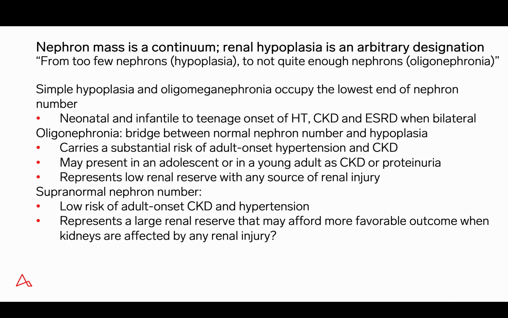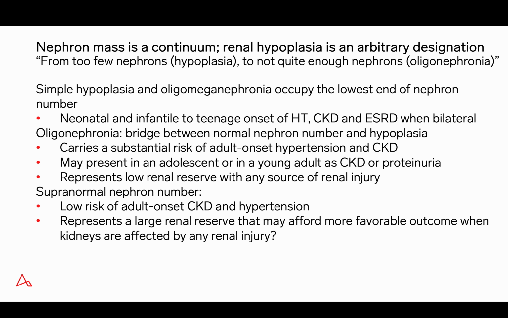This is my last slide, which summarizes my thoughts about renal hypoplasia in its various versions that I've just discussed. When an entity is first discussed, the most severe forms of it are recognized, and in this case that would be simple hypoplasia and oligomeganephronia. They occupy the lowest end of the nephron number spectrum, and they're responsible for neonatal and infantile to teenage onset of hypertension, CKD, and end-stage renal disease when bilateral.